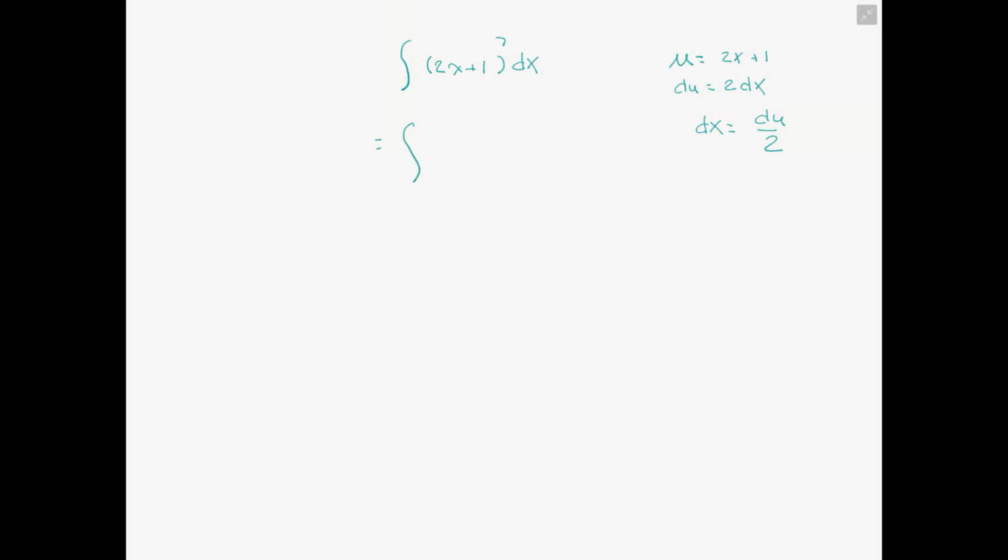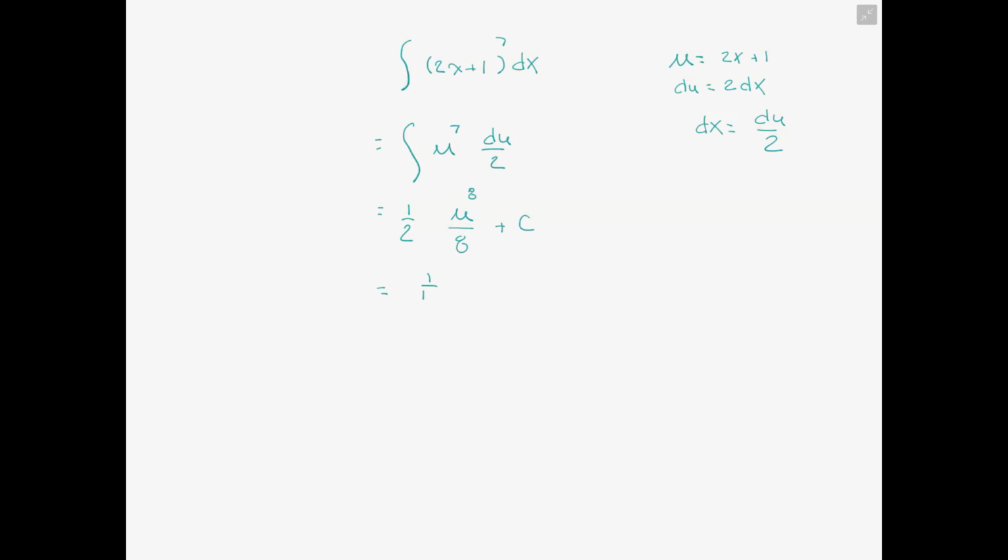Here we make our substitution. We've got u to the 7th, and dx is du on 2. So we have 1/2 times u to the 8th on 8 plus c.